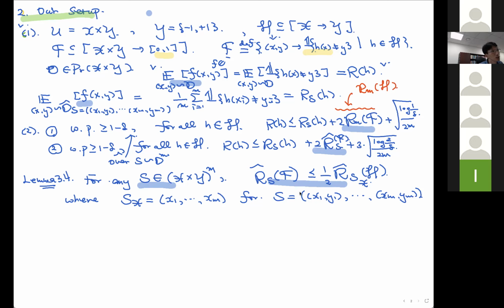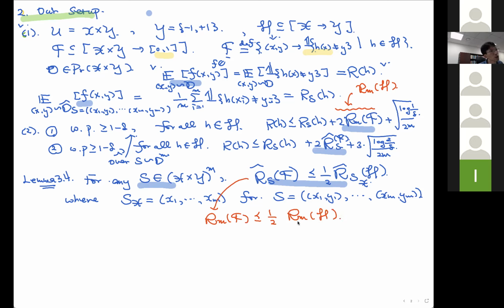So one thing I didn't quite say is, if this is true, that implies for any m, the Rademacher complexity of F is bounded by 1/2 the Rademacher complexity of H.